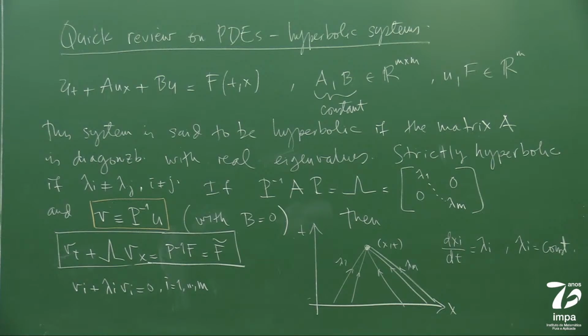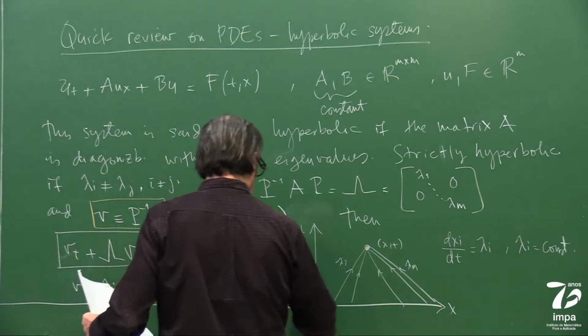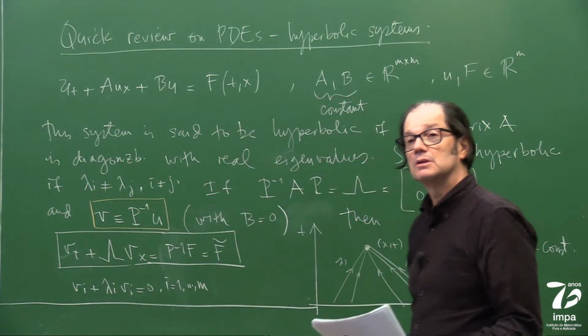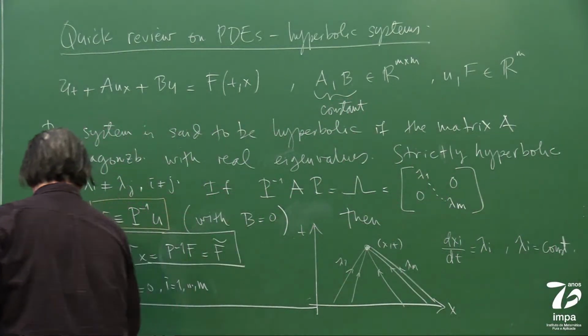Okay, let's see what are the comments I want to make. Let me make a minor comment here, because then I'll give you examples of concrete problems that have a situation like this.